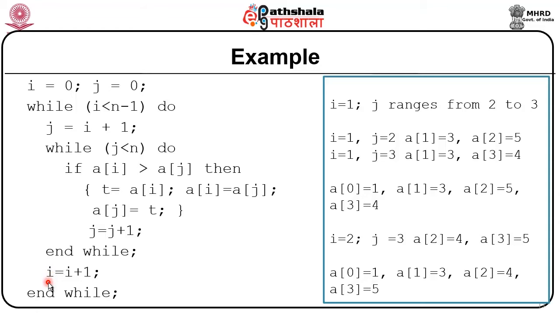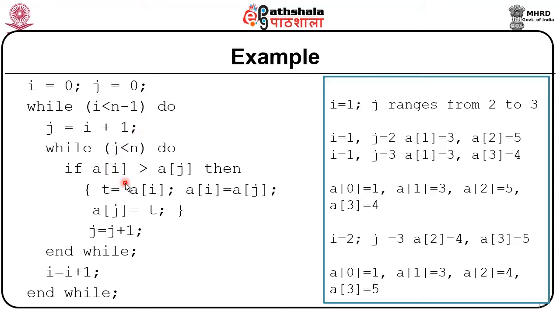Now, our goal is to construct a control flow graph for this particular program segment and then compute cyclomatic complexity. Please analyze: you have an if statement, a while, and again a while.